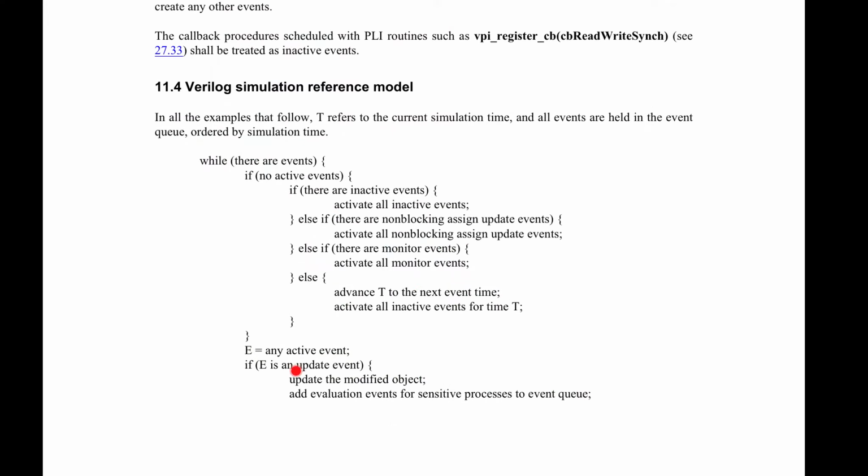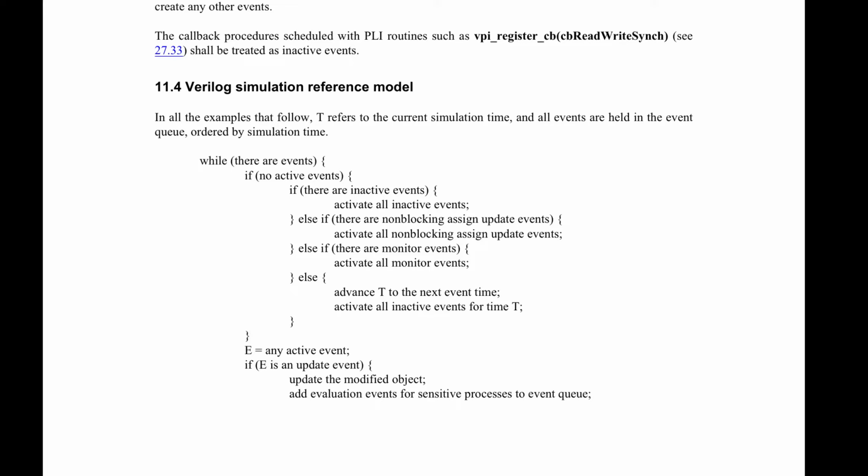When going through this pseudocode that helps reinforce what I was saying before, we have to keep in mind the priorities. We first have our active events, then we have our inactive events, then we have our non-blocking events, then we have our monitor events, and then we've got our future events. So while there are still events, so if there are no events, then presumably we end the simulation completely.